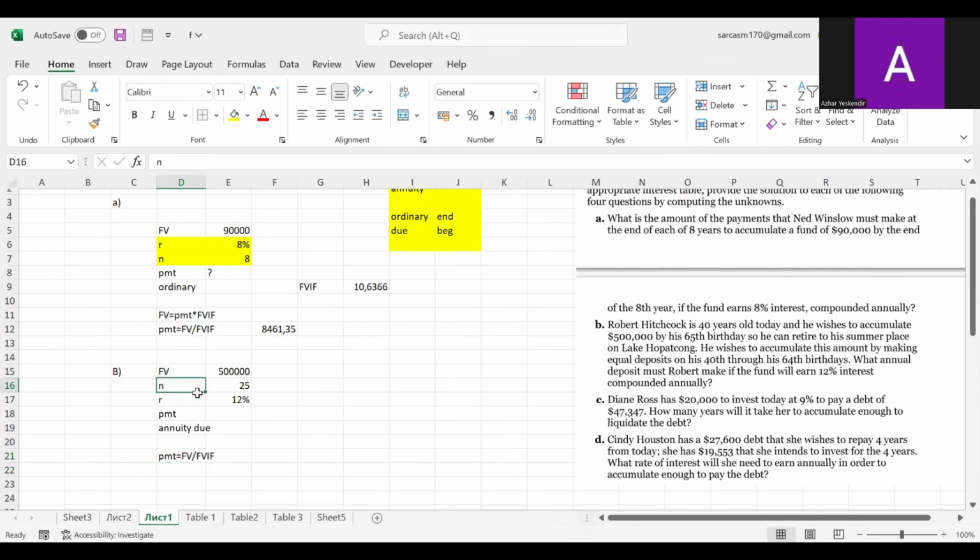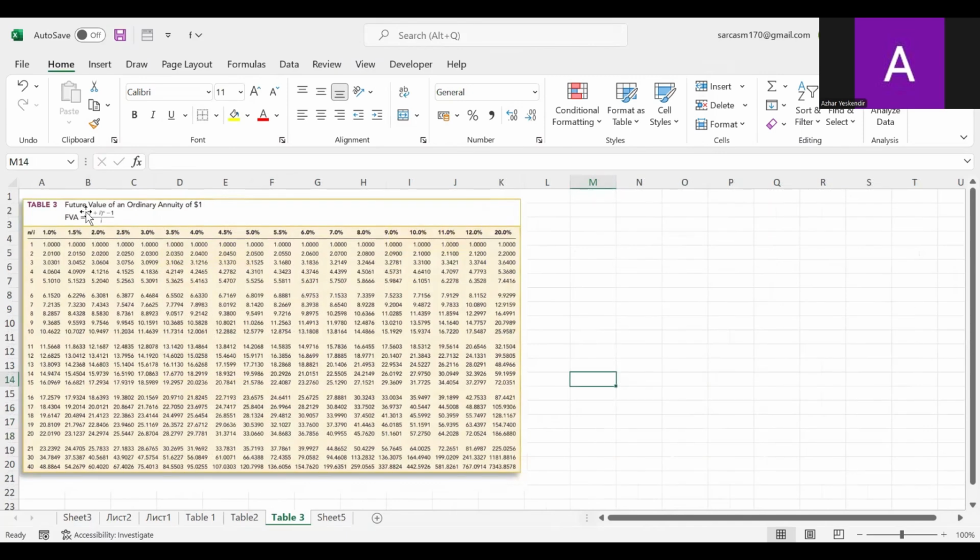The interest factor we're going to derive by using this information, but using the table of annuity due. Here is the future value of an ordinary annuity. It's not okay.